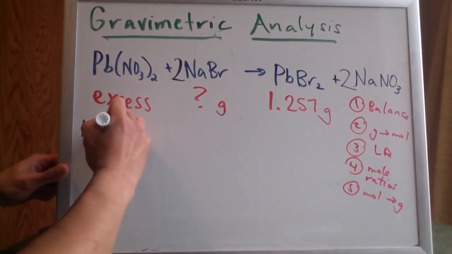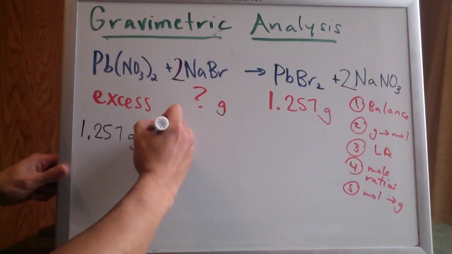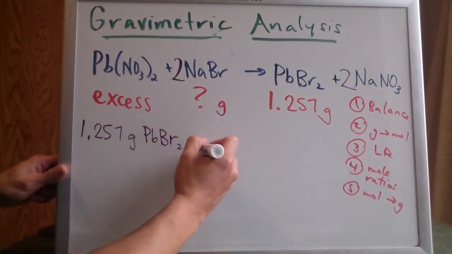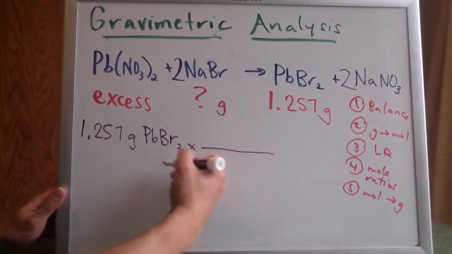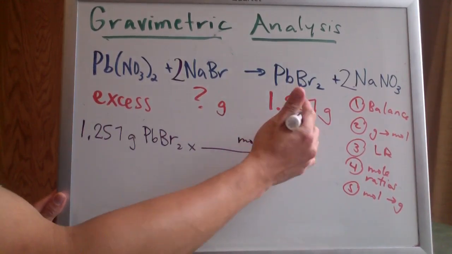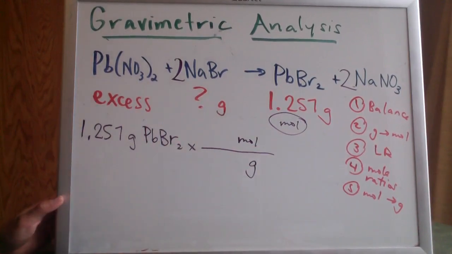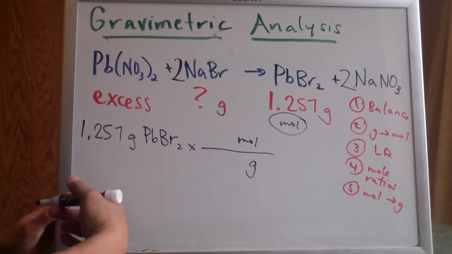So once we balance out the equation, we need to convert from grams to moles. We're going to take 1.257 grams of the product because that's the only thing that we have the grams measured of. And then why don't you go ahead and practice converting for yourself. So we'll take grams on the bottom, moles on the top, because we want to get to moles here. I looked it up, and it was 367.01 grams per mole for the molar mass.